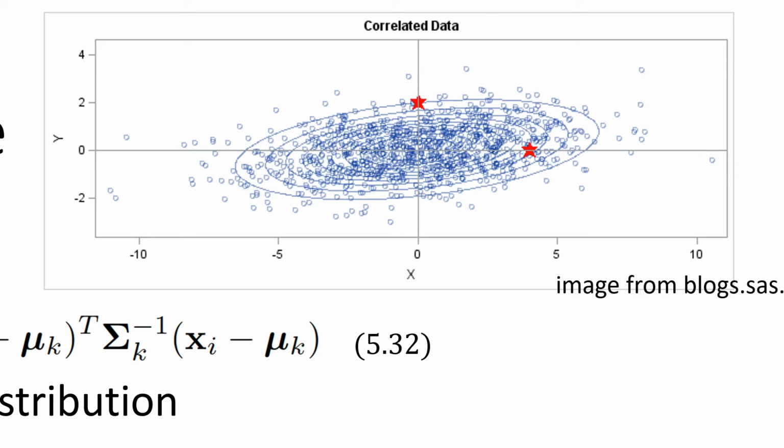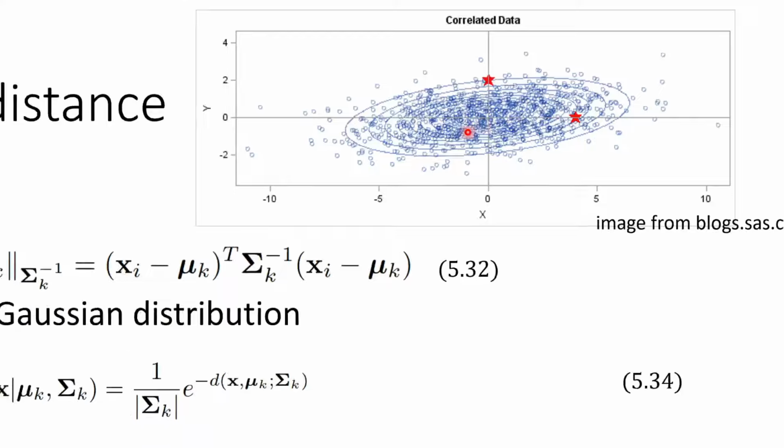But if we calculate Mahalanobis distance, the right one should be closer to the orange. Because there are many circles, ellipses here, each means the same distance from the orange to the boundary.